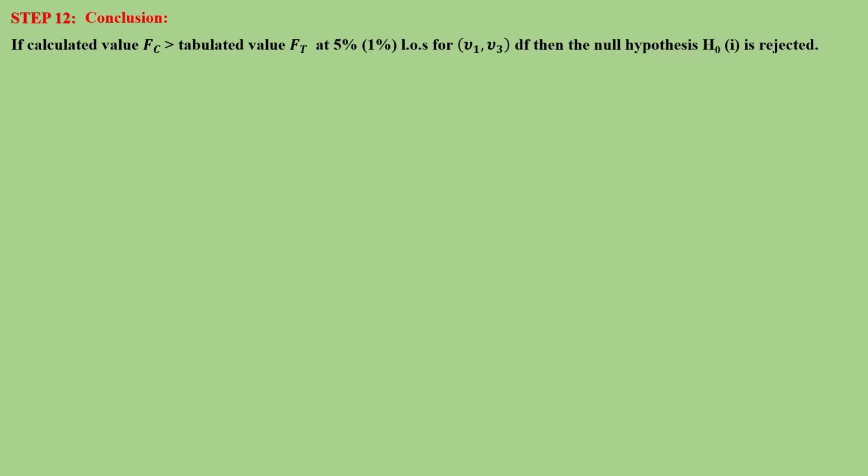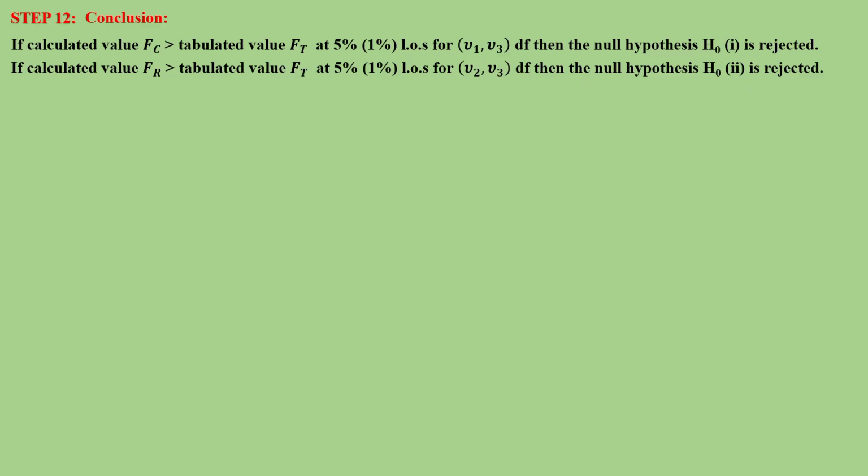So if the calculated value FC, that is for column, is greater than the tabulated value, then hypothesis H naught is rejected. Similarly, for row, if FR is greater than FT, then H naught is rejected. That is the second one, row, and the first one, column. So H naught 1 is rejected, H naught 2 is rejected.